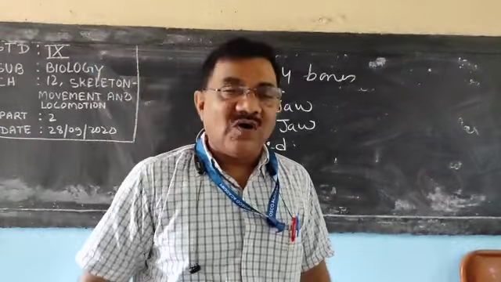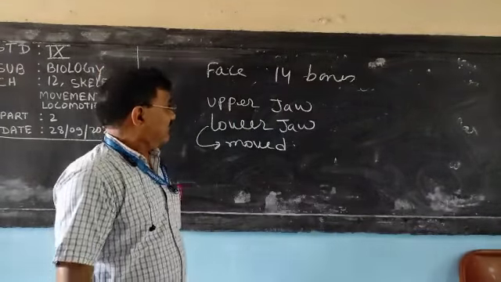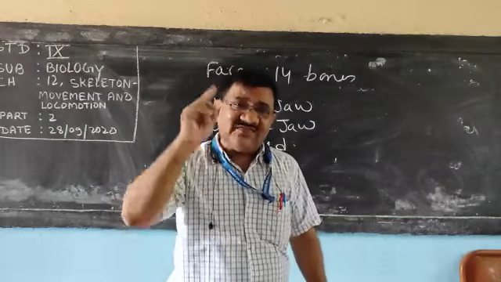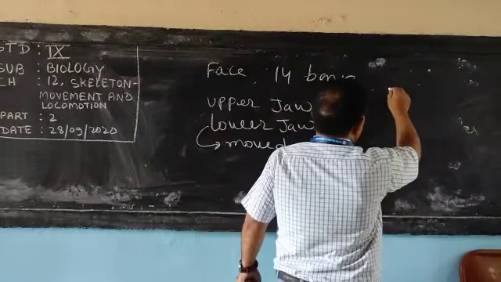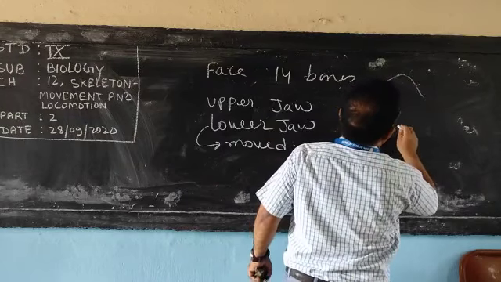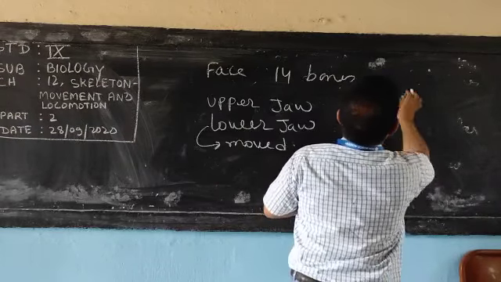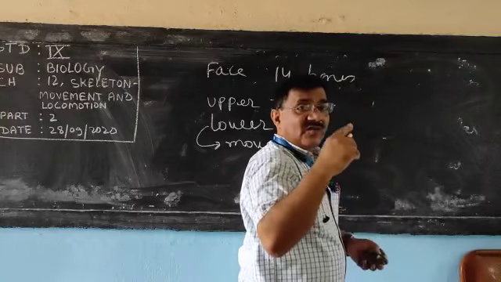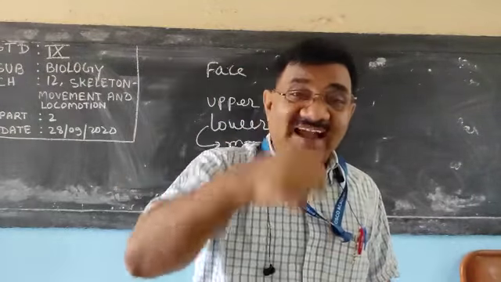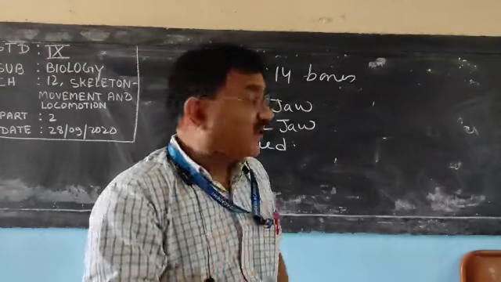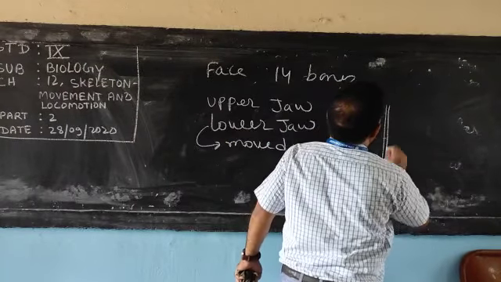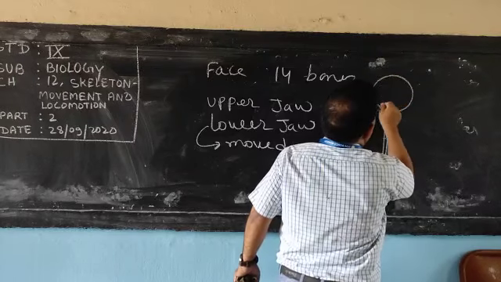One more thing: in the head, one hole is there, and through that hole the vertebral column is fixed. This is the backbone and here is the head.